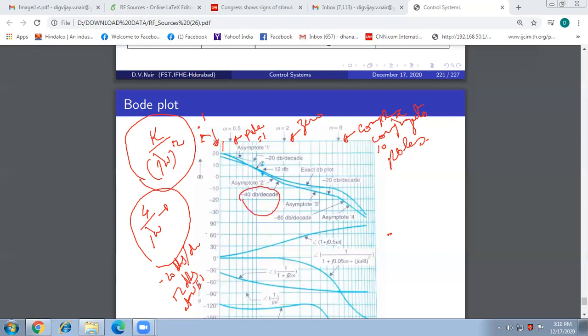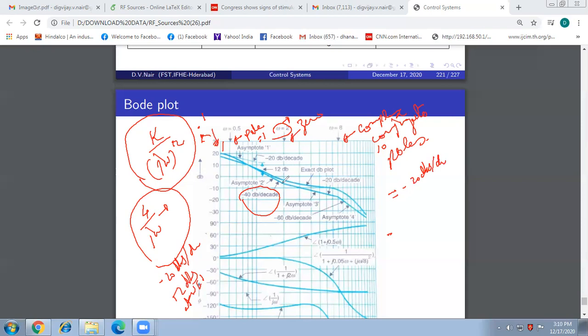Now this will be made bold and thick, and it will run till it meets another corner frequency, at omega equal to 2, where a zero lies, and a zero adds an asymptote of slope plus 20 dBs per decade. So from here onwards, to this minus 40 dBs per decade, plus 20 dBs per decade is added, and the resultant will be minus 20 dBs per decade.